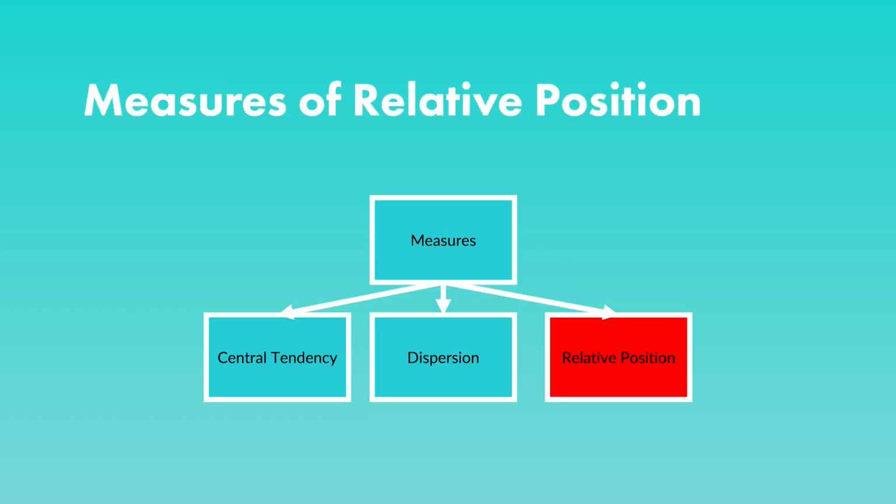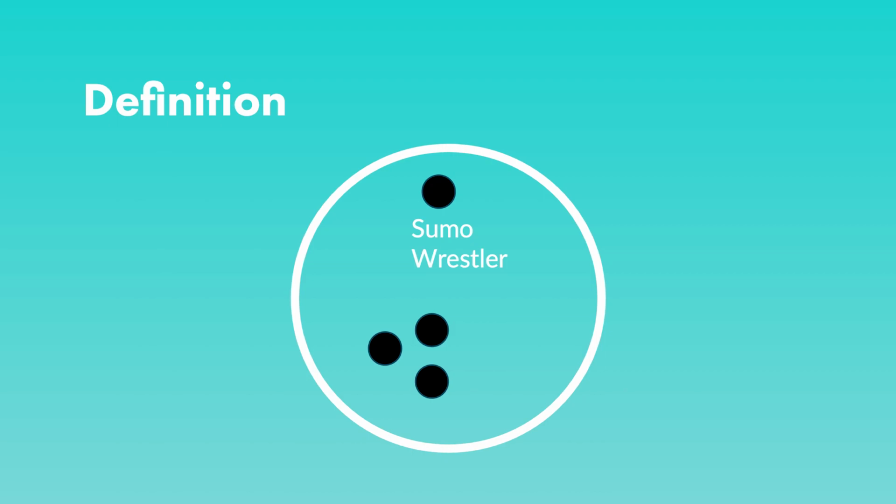But sometimes these measures are not enough, and you need to go a step further using measures of relative position. And what are these measures? They are essentially methods or graphs to show where a given value stands in relationship to the other values in the same grouping of the data.